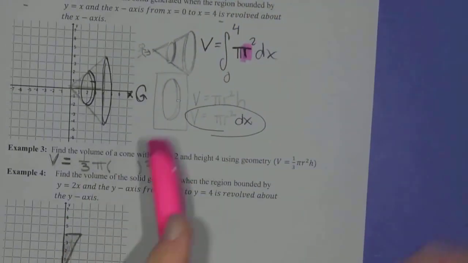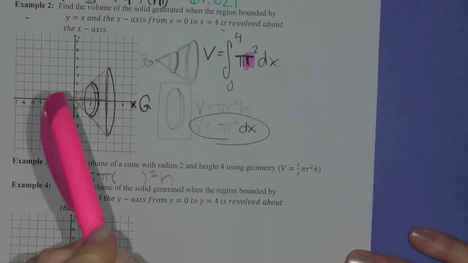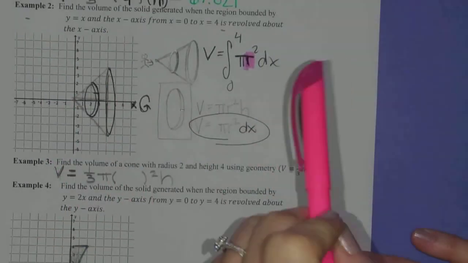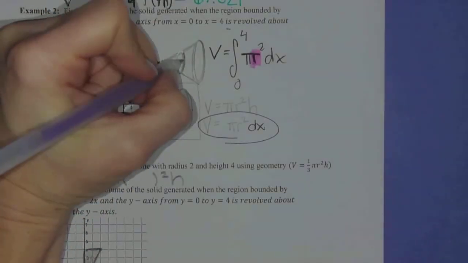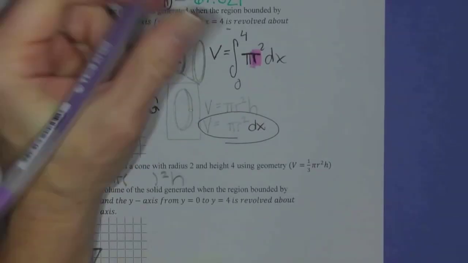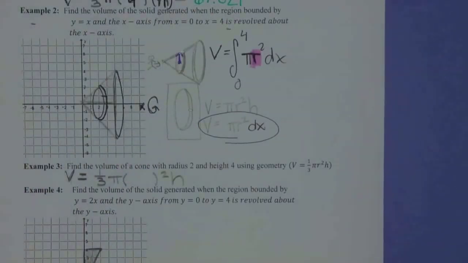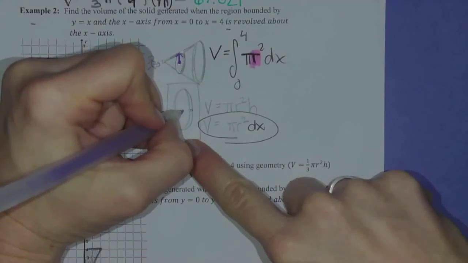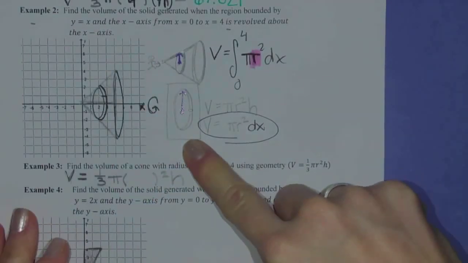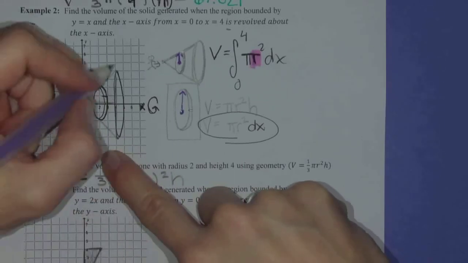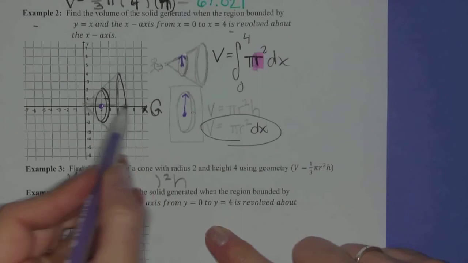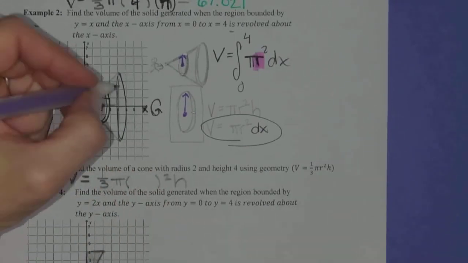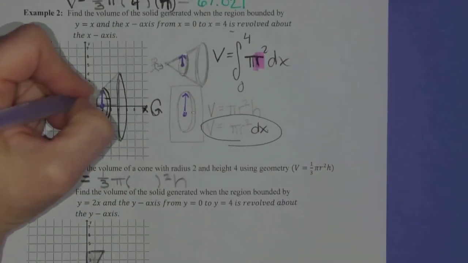So now what we have to do is get the radius of a cross section in terms of x. The radius of a cross section is going to run from the center of the circle out to the circle's edge. Coming over to the graph, the x-axis is the center of the cross section, out to the edge of the circle.